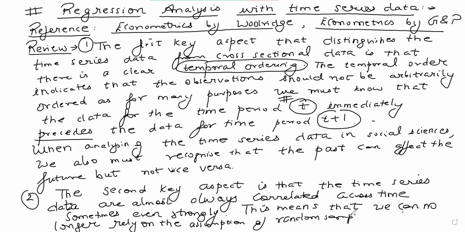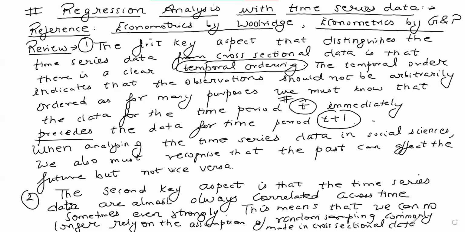This was one of the assumptions we had made in our multiple linear regression models. We can no longer rely on the assumption of random sampling commonly made in the cross-sectional data.